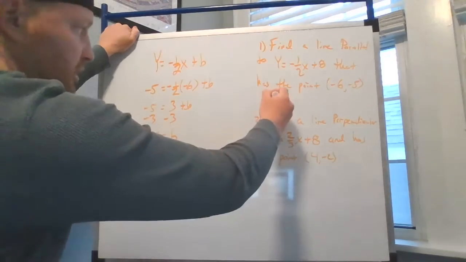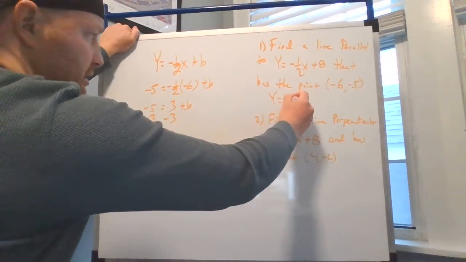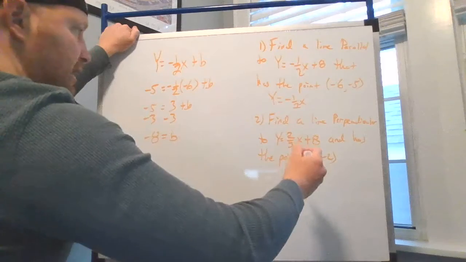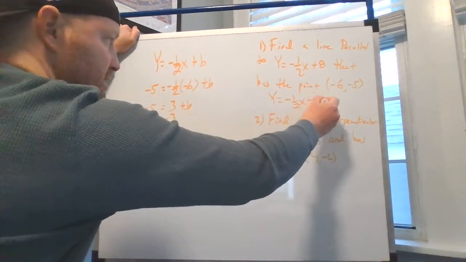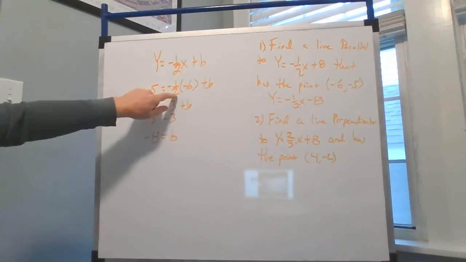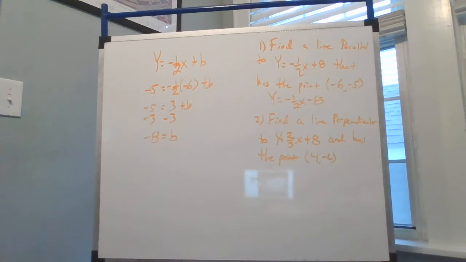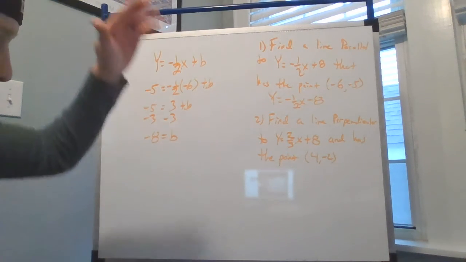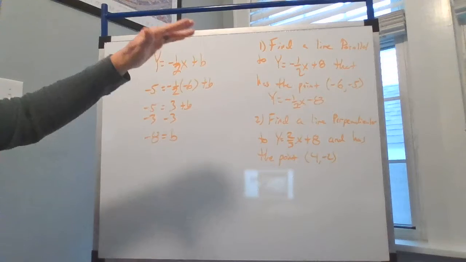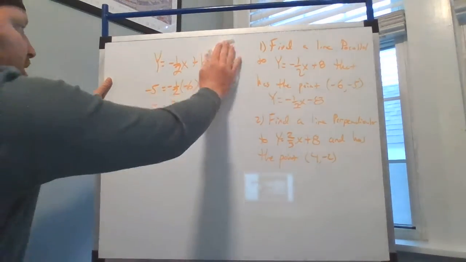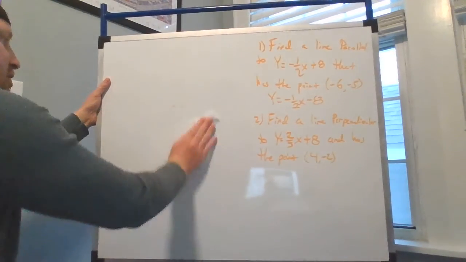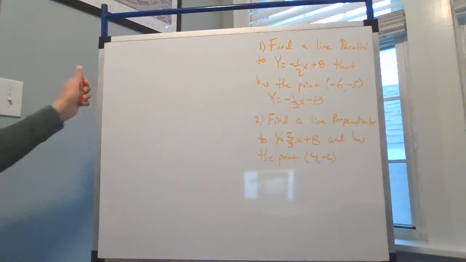Look at that. So, the line parallel to that line is simply y equals -½x minus 8. We used the math to prove it true. Okay? Remember, parallel: exact same slope, different y-intercept. And perpendicular lines: the slopes are reciprocal opposites.